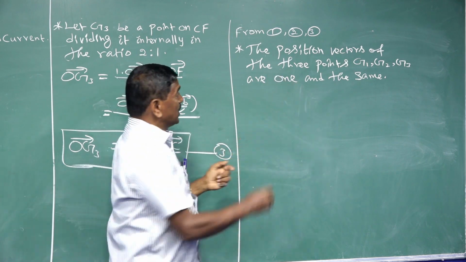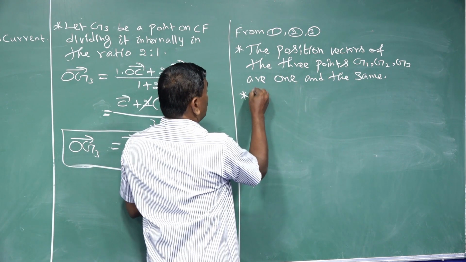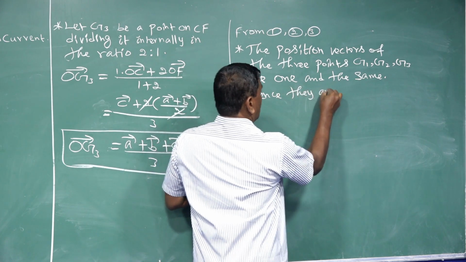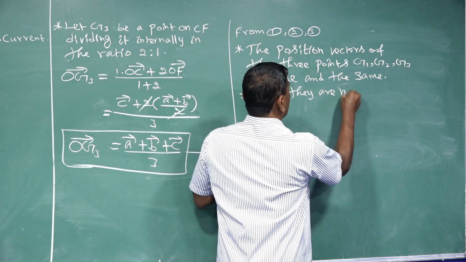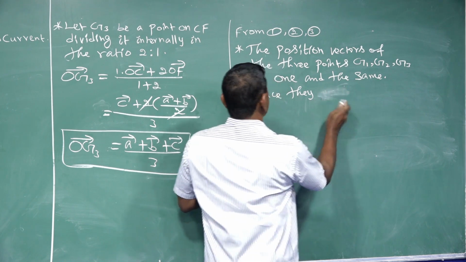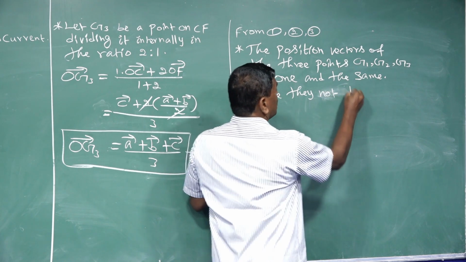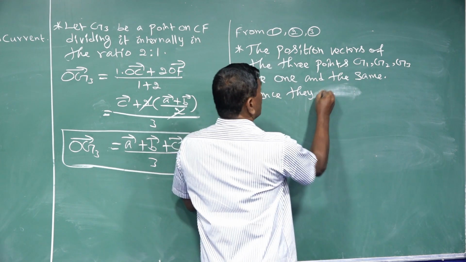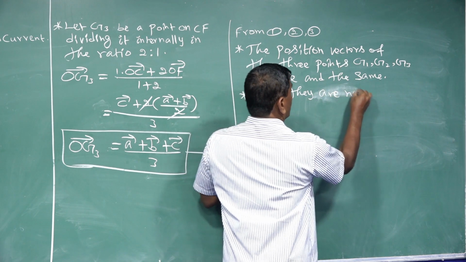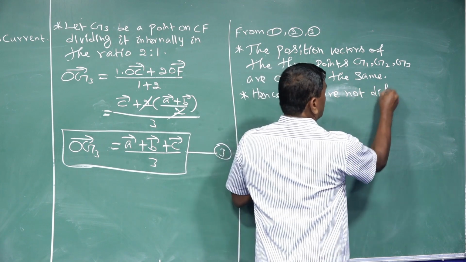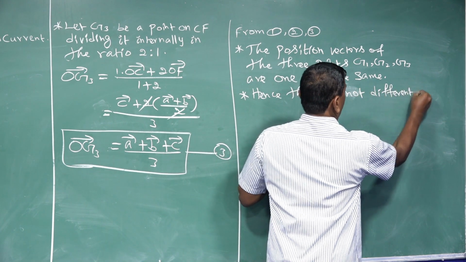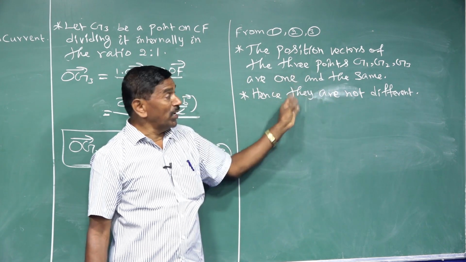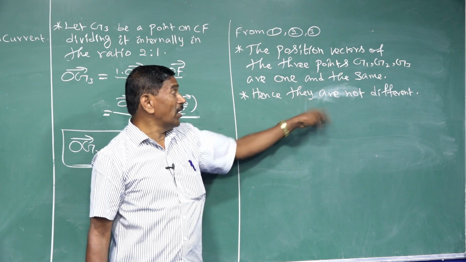Hence, they are not different. Listen, the position vectors of the 3 points G1, G2, G3 are one and the same, which means they are not different.